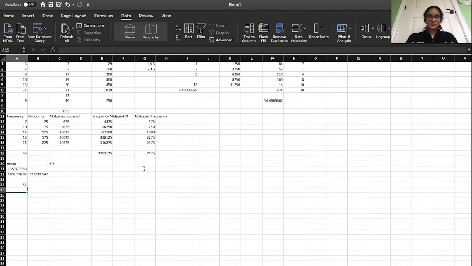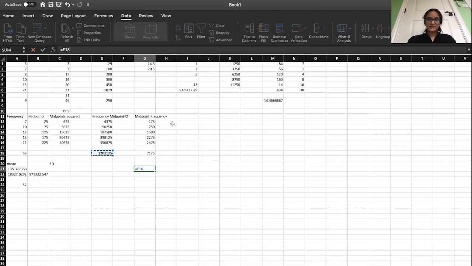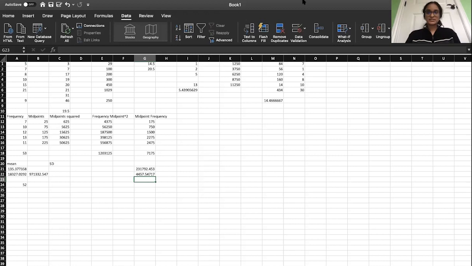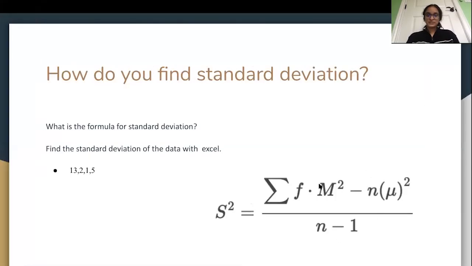So now if we put everything into our formula, divide this number by this, we'll get 4,457, but we can't stop there because that only gives us s squared. So to find s, we have to square root the problem.